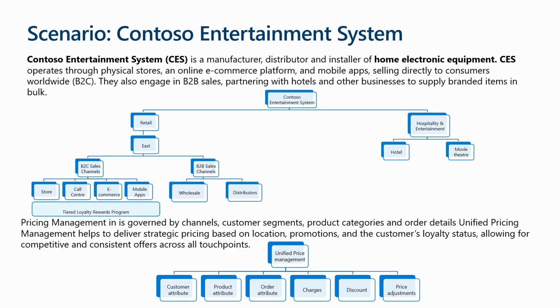Throughout the series, we'll use Contoso as our example to show you how you can manage prices more efficiently. Whether it is running promotions, offering discounts, or adjusting prices for different products or regions, Contoso's pricing stays flexible and scalable. This way, no matter the channel or customer type, their pricing is consistent across all businesses.